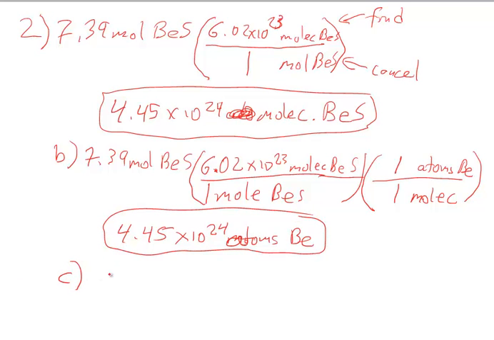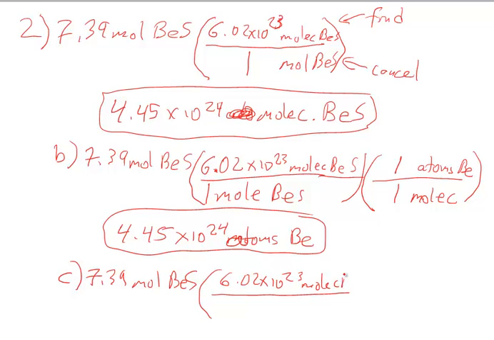For C, we are going to go to atoms of sulfur. So once again, we start the same way. 6.02 times 10 to the 23rd molecules beryllium sulfide per 1 mole beryllium sulfide.